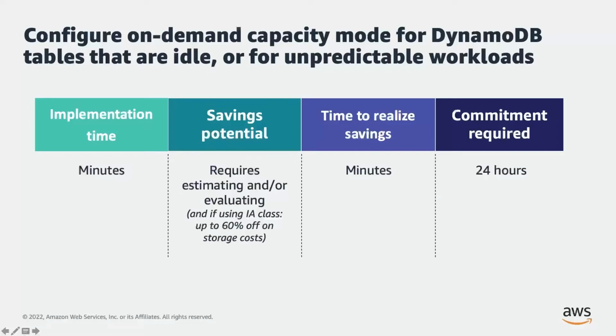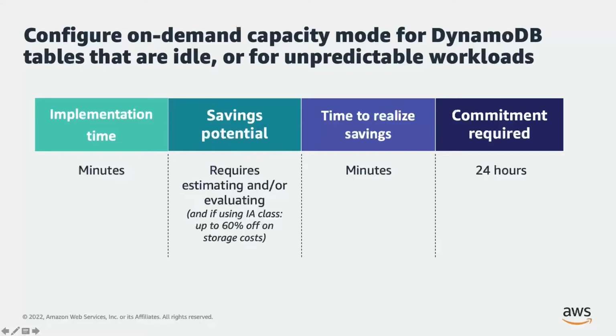You will start realizing savings as soon as your table is configured with on-demand capacity and/or standard infrequent access table class. So there are 2 ways to save with this scenario. You can toggle between provisioned and on-demand capacity modes every 24 hours.